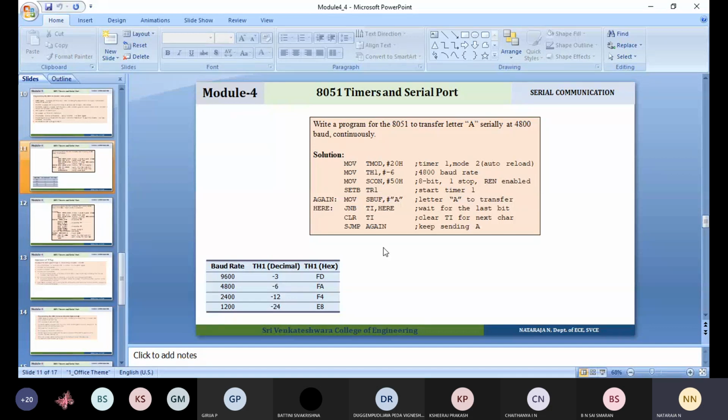Then after transmitting serial data, I have added one more question: I need to transfer letter N through port 0. One of the ports you select and transmit through port 0, and it needs to be displayed. Port 3.1 will transmit the data, then port 0 will display the letter N. Like that you have to write a program.